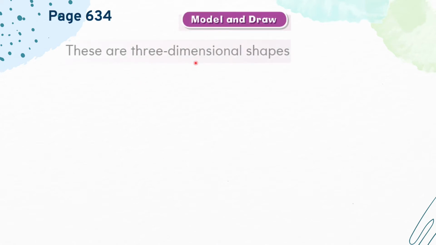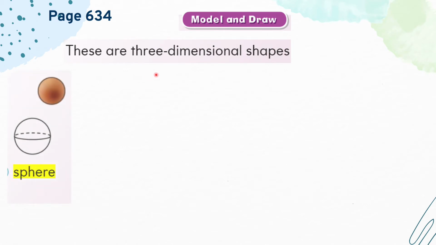On page 634, model and draw questions. These are three-dimensional shapes. This is a sphere. Now you will see it is like a circle, but it's a three-dimensional shape, so it's called a sphere. This is round. Then we have a cone.